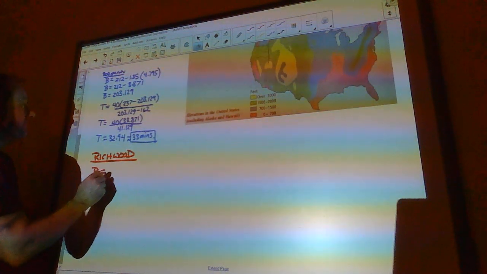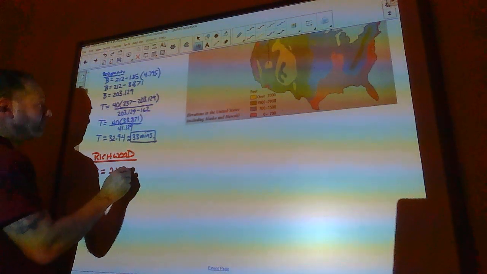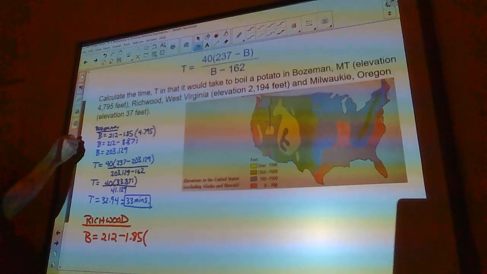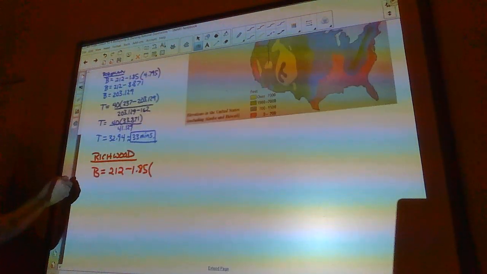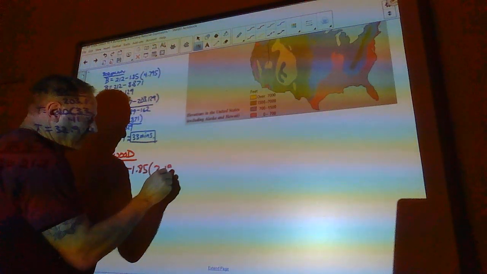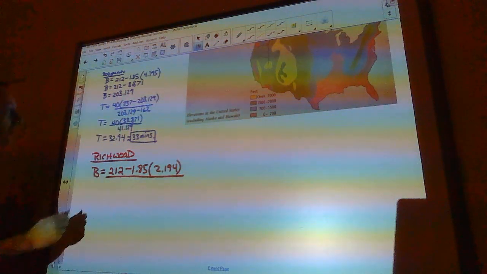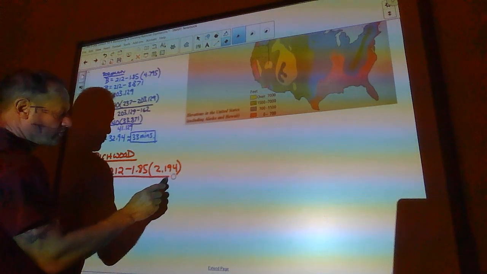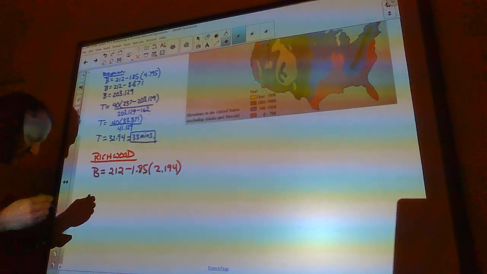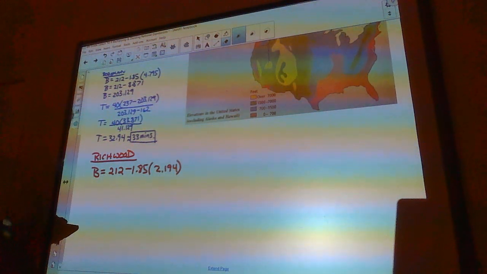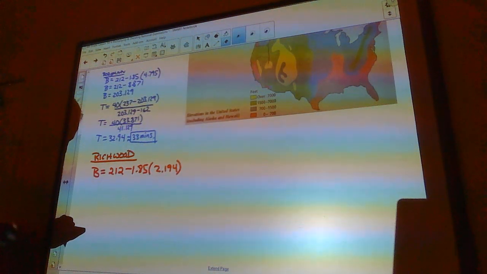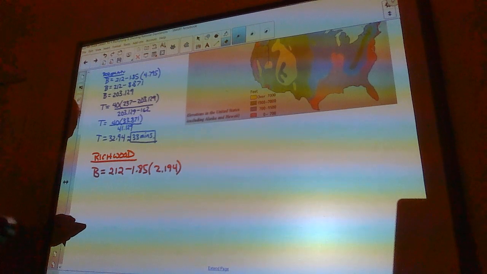So B is going to equal 212 minus 1.85 times, all right, what's the altitude? 2,194, so that's going to be 2.194, all over, whoops, that's not over, that's the next one. Okay, so 1.85 times 2.194.